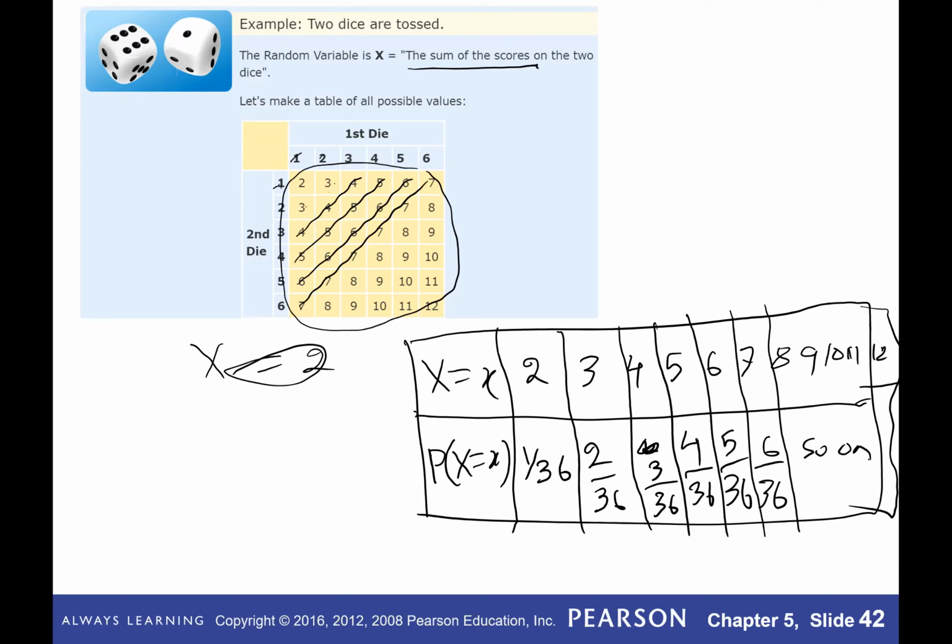Okay, now the question is, if you add all the probabilities, what will be the result? If you add all the probabilities together, anyone? Without adding. Yes, it will be 1 because it is the total probability.